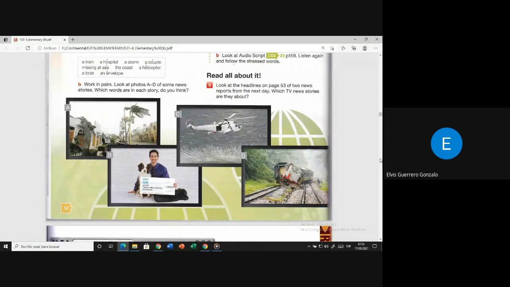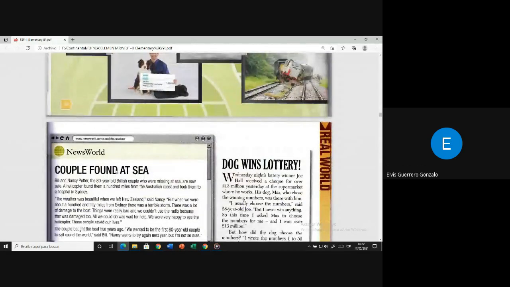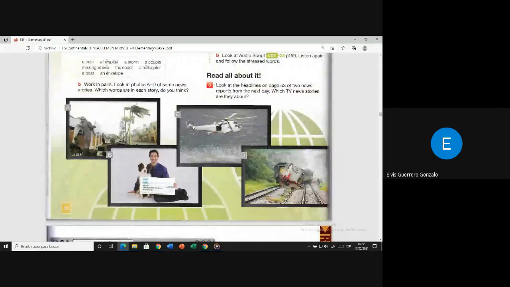Couple found at sea. Does it belong to a story A? Does it belong to a story B, a story C, or story D? Story C. Correct. I do think so. Couple found at sea. Yes, story C.